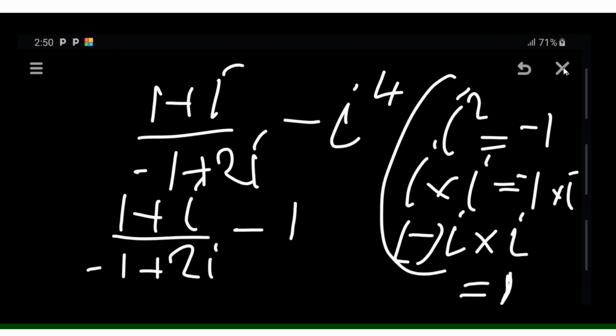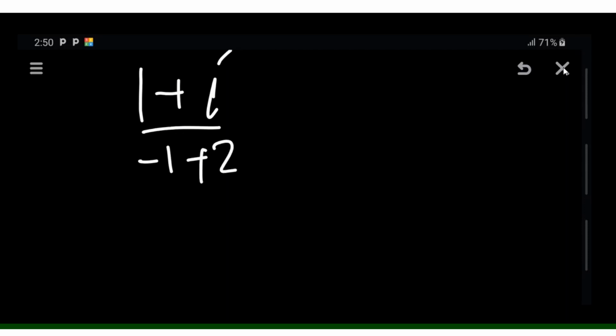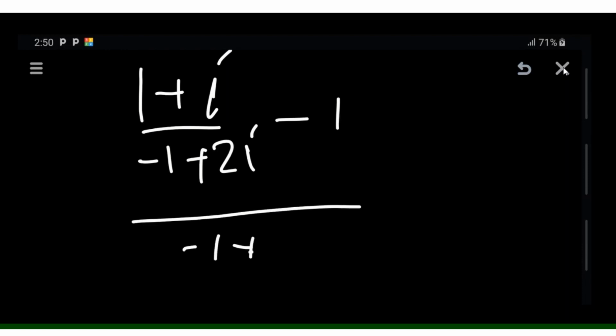So from here, let's just find the common denominator. That's the thing to do. So the denominator will be this: -1 plus 2i. From here, this is our denominator.